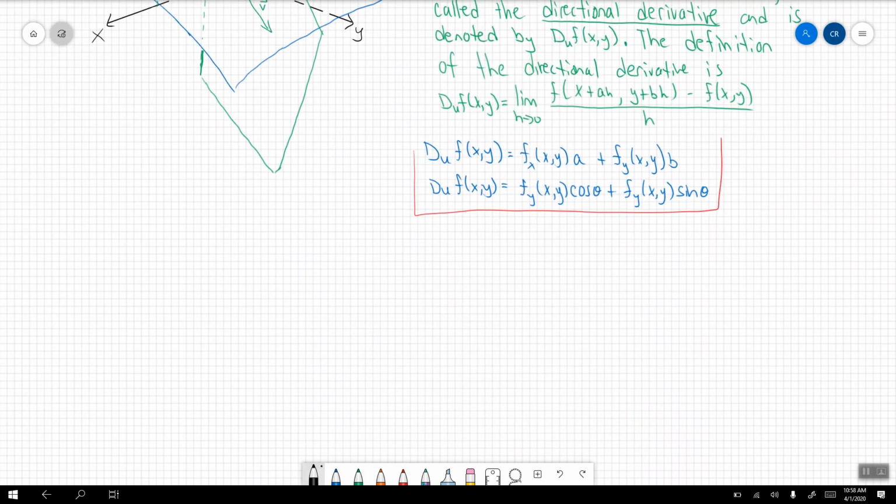Alright, so here goes your first example. This example is going to say find the directional derivative.